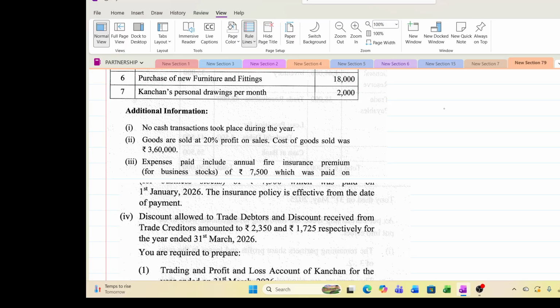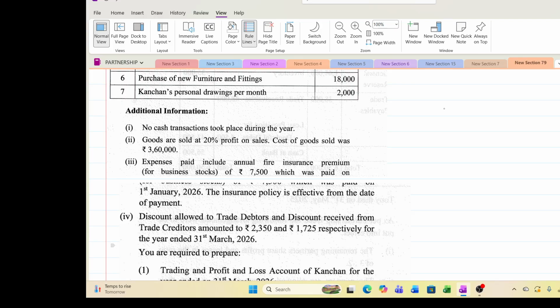Expenses paid include fire insurance premium of stock of 7,500, which is paid on 1st January. Generally, whenever the insurance premium is paid, it is paid for 1 year, effective from the date of payment. So it is effective only from 1st January.